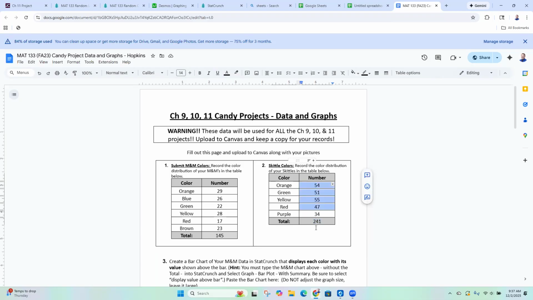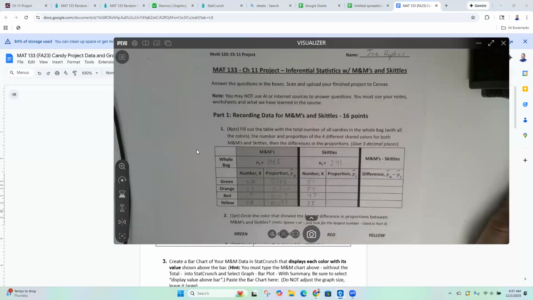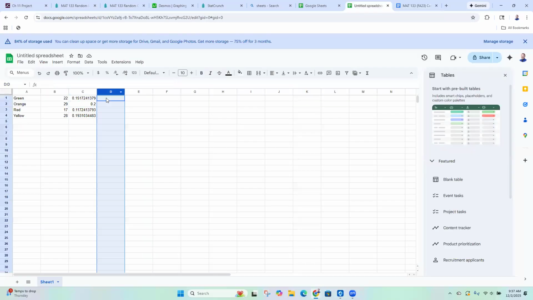I mean, you don't have that sum anyway, but here's my n2 basically. So 241. And now I've got to put in those numbers in here for Skittles. So I had 51. So I can do equals this one divided by my total.